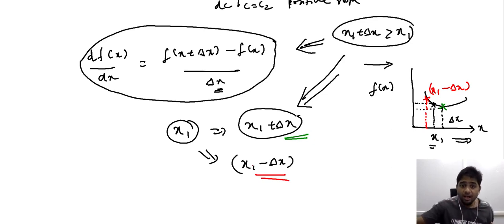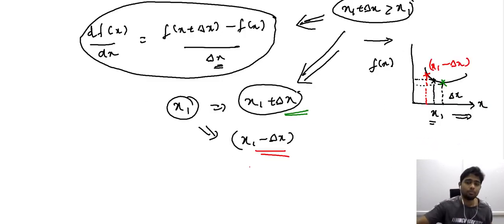Now let us see how the generalized formulation for the derivative of the function changes when we are considering a point that is behind the point of our interest. The green one is in the forward direction, and the point in red is behind our desired point.